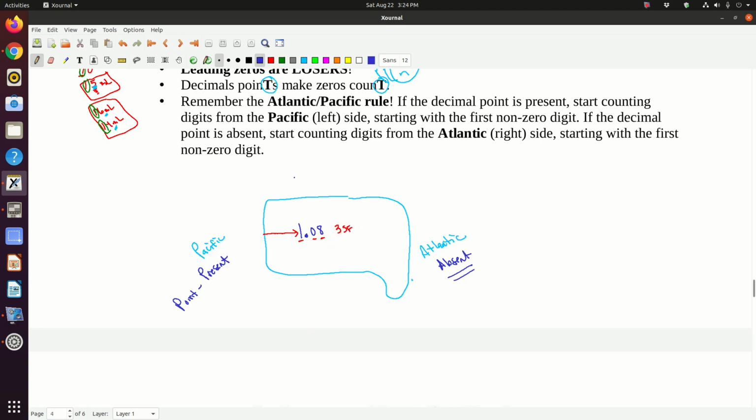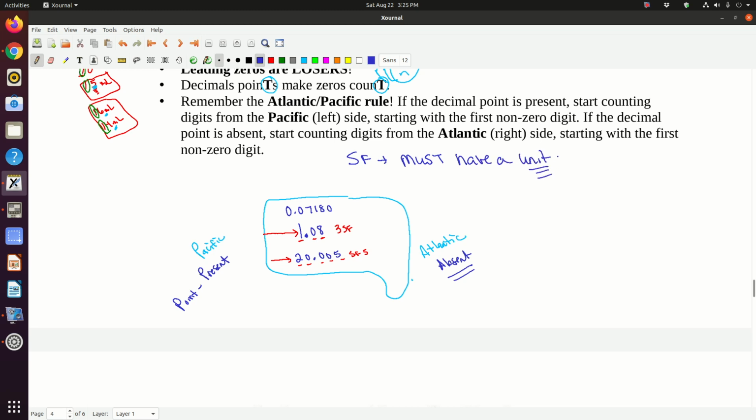Okay, let's write another one. 20.005. Well, the decimal point is present, so I come in from the Pacific and I count 1, 2, 3, 4, 5 sig figs. 5 of them. All right, let's write another one. 0.07180. And all of these, by the way, significant digits can only happen if you have a unit. You need to know this. Sig figs must have a unit.